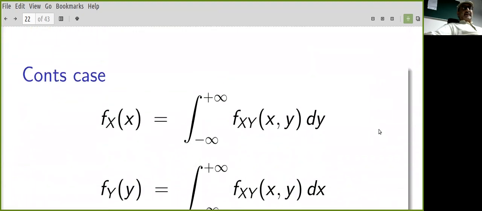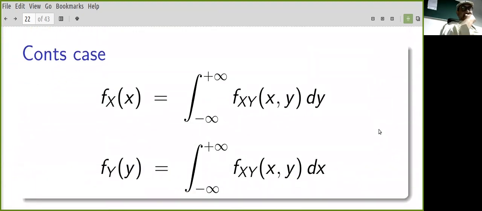Okay, in the continuous case, you don't do the summation, you do integration. So if I'm given the joint PDF f sub xy, and I just want the PDF for x, what I do is I integrate over all allowed values of y, and what I will be left with is f sub x.